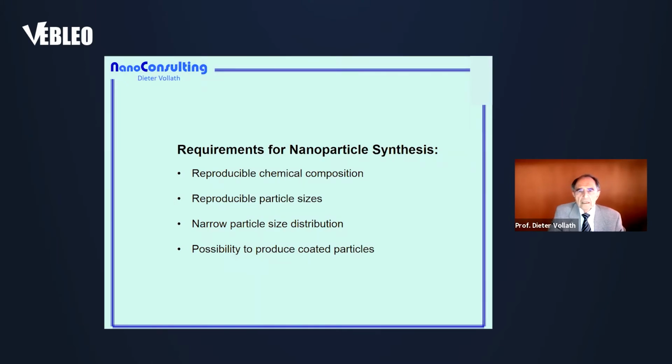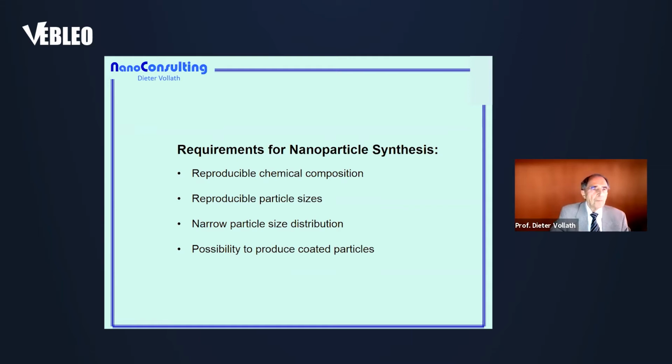Looking at nanoparticle synthesis, we have in general a series of requirements. The first one, and most important, is that the chemical composition has to be reproducible. Special wishes are that the particle size is reproducible, and in addition, the particle size distribution should be very narrow.